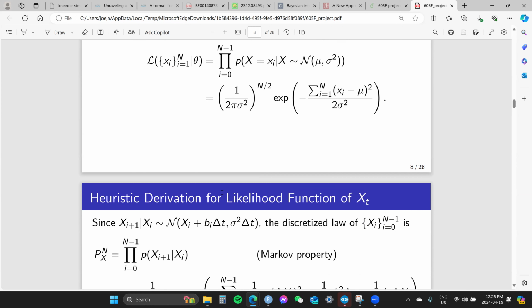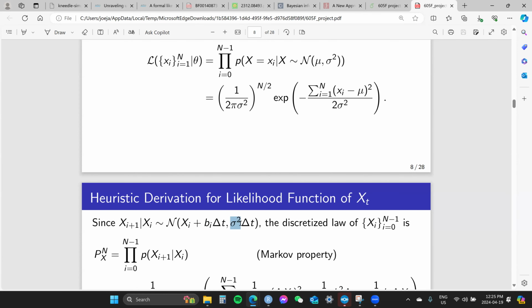But the one difference from the really easy case of just a straight-up normal random variable is that we have shifting parameters with our observations, because the mean of x_{i+1} given x_i is just where you were at the previous step, x_i, plus where you drift deterministically. And then the diffusion, well, in this case, it's constant.